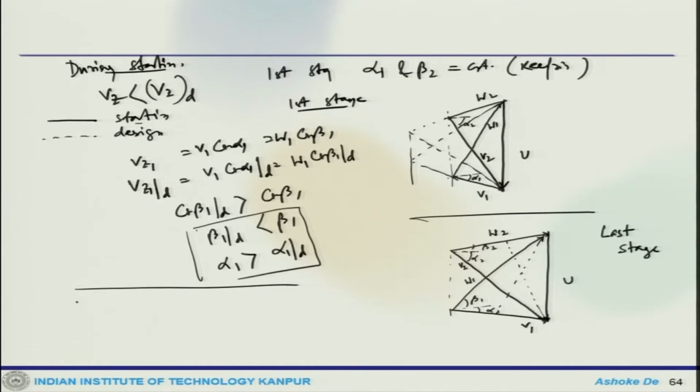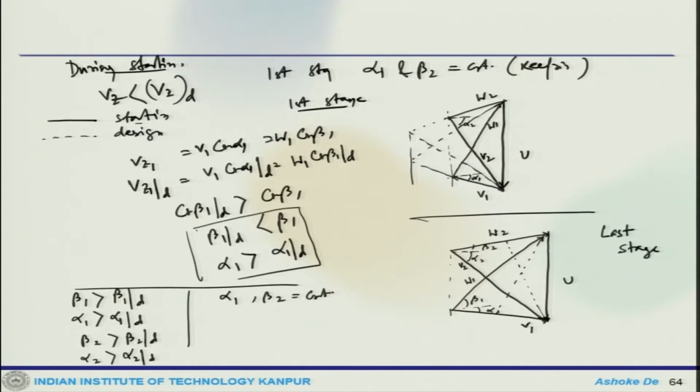So, if you look at it, beta 1 is greater than beta 1 design, alpha 1 is greater than alpha 1 design, beta 2 is greater than beta 2 design, and alpha 2 is greater than alpha 2 design. Essentially alpha 1 and beta 2 are kept constant, which means alpha 2 and beta 1 actually increase.